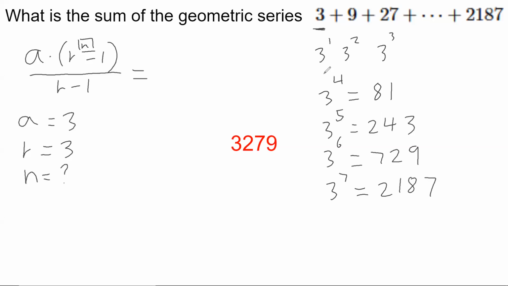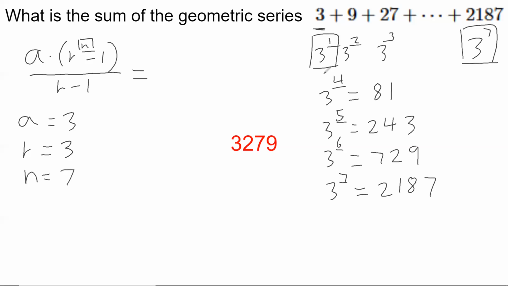So we know that our pattern starts at 3 to the first and ends at 3 to the seventh. So then how many terms is that? Well, we covered all the numbers 1, 2, 3, 4, 5, 6, 7. So that is 7 numbers. So our n here is equal to 7.